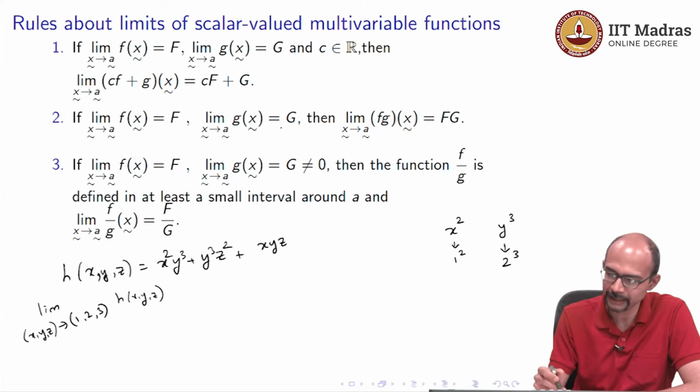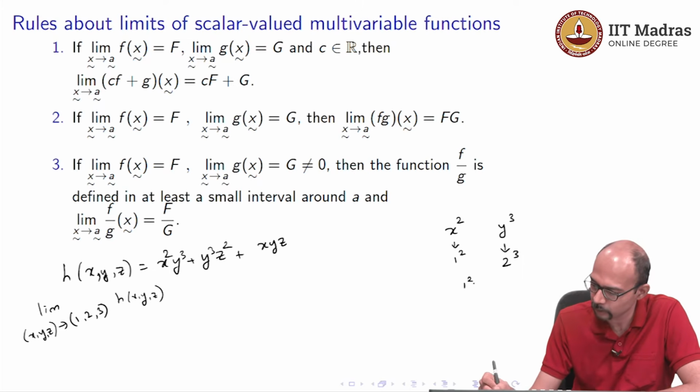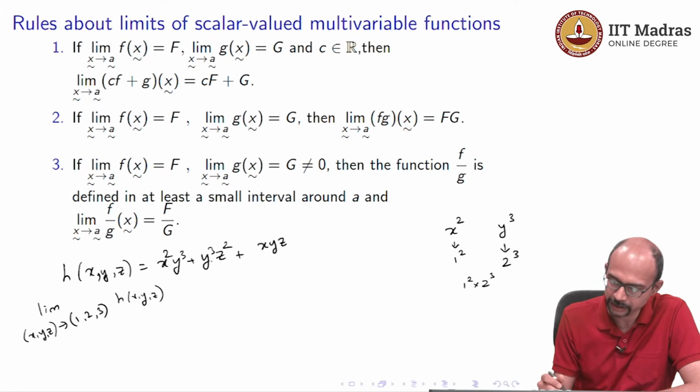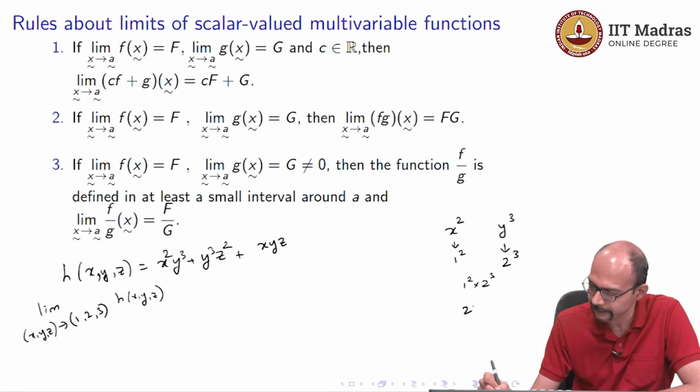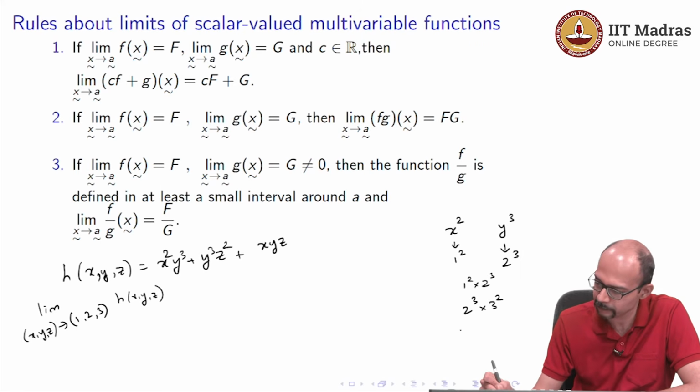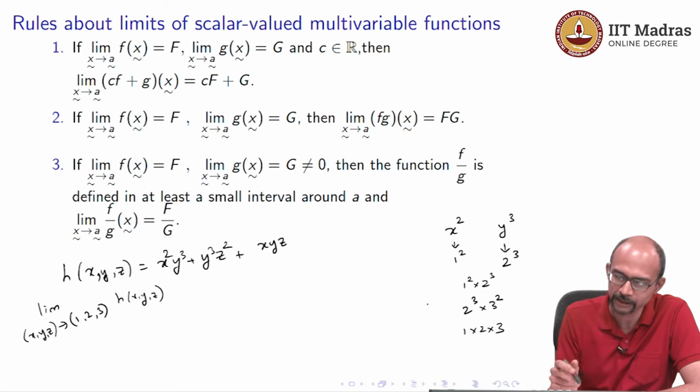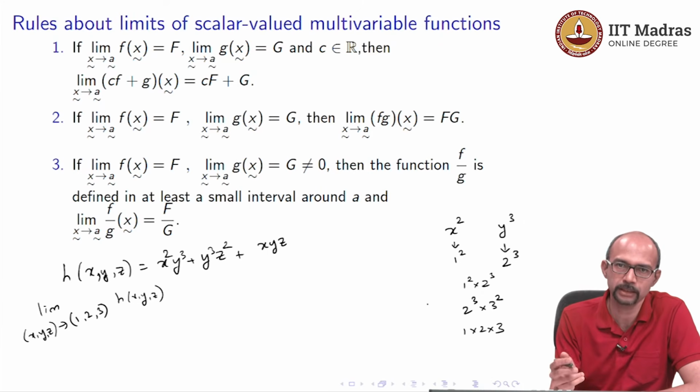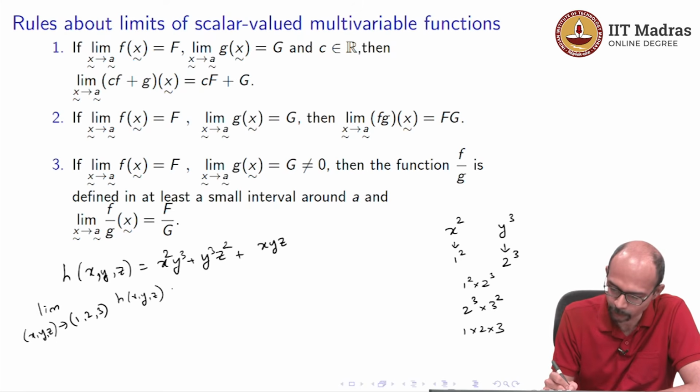Then you can use the second one and say that for x squared y cubed, the limit is 1 squared times 2 cubed. Similarly, for y cubed z squared, it will be 2 cubed times 3 squared, and for the third term it will be 1 times 2 times 3 using 2. And then using 1, the limit of a sum of functions is the sum of the limits if all of them exist.